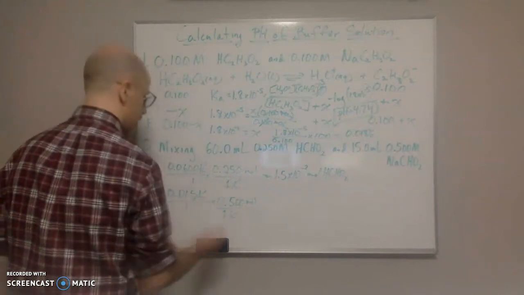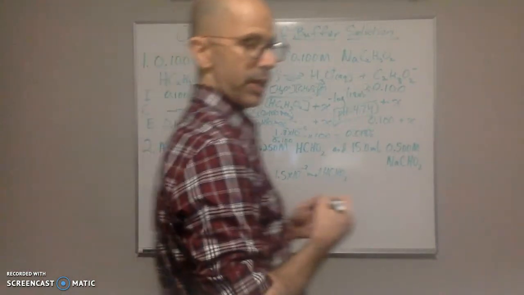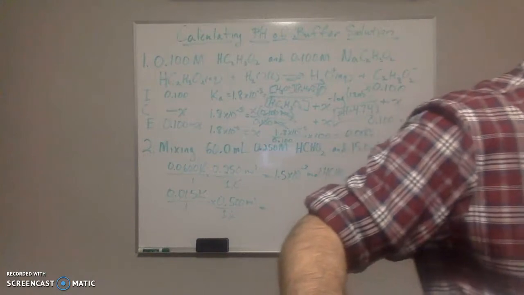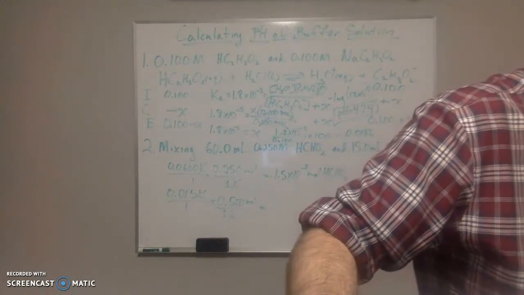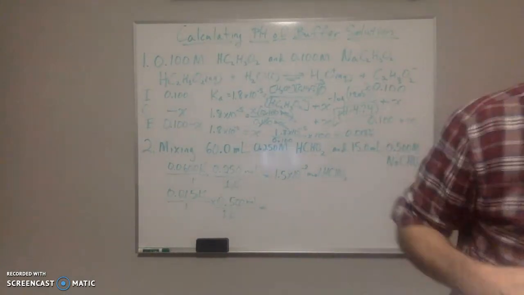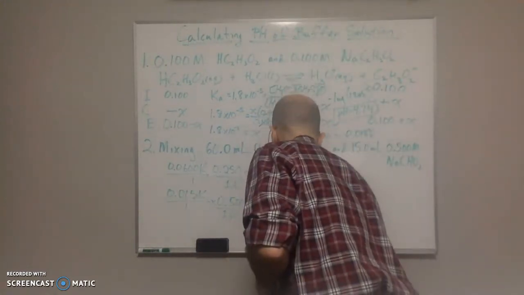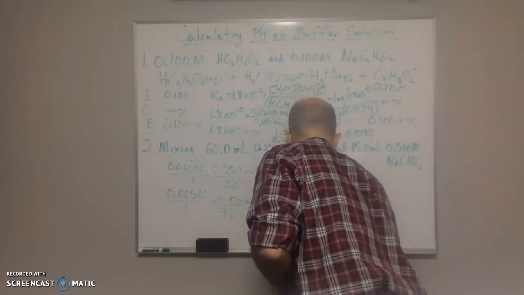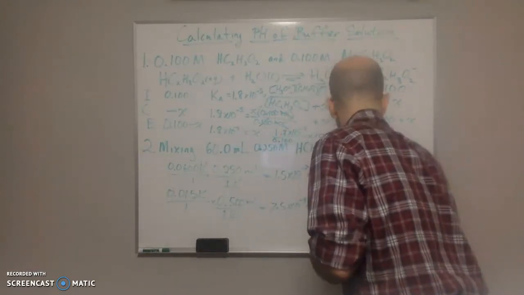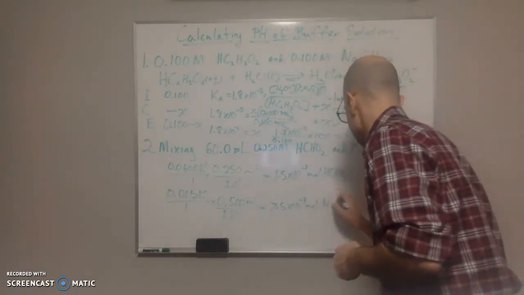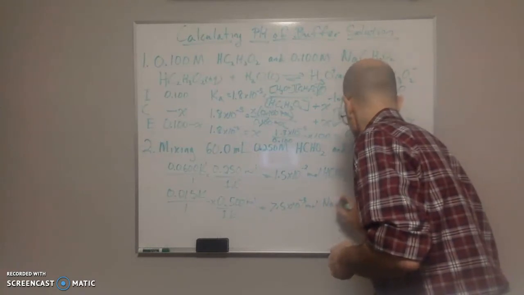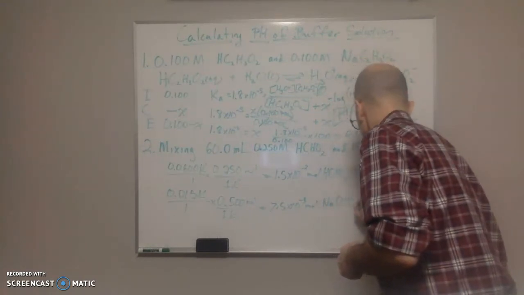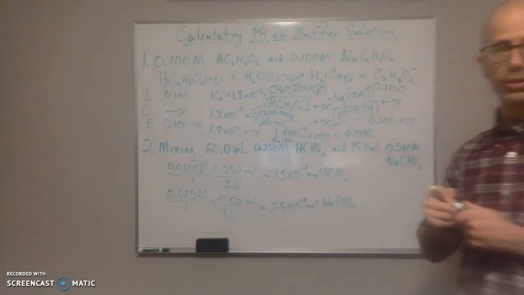Liters cancels out, and you get 7.5 times 10 to the negative 3 moles of the conjugate base, NaCHO2. So now we have the moles.